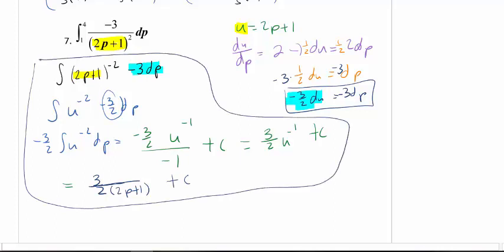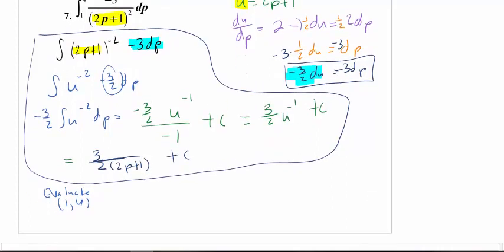So this is for my substitution method to integrate. So now I've got to evaluate for my interval from 1 to 4. So remember, we're going to put our parentheses and plug in. So I have 2 times 4, which is 8 plus 1. Sorry, it's not going to be 2 plus 1.